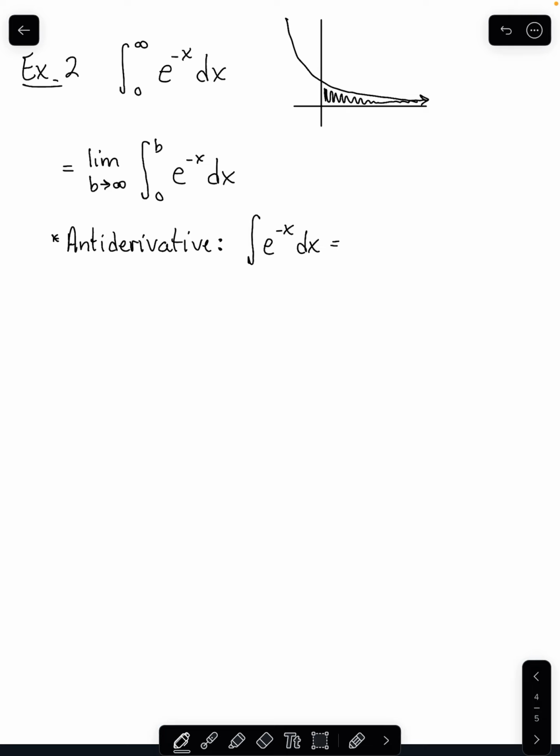So our antiderivative would be, again, e to the negative x, and then divided by negative 1 would result in negative e to the negative x. Once again, we can forego the plus c, knowing that we are about to apply the fundamental theorem of calculus here.